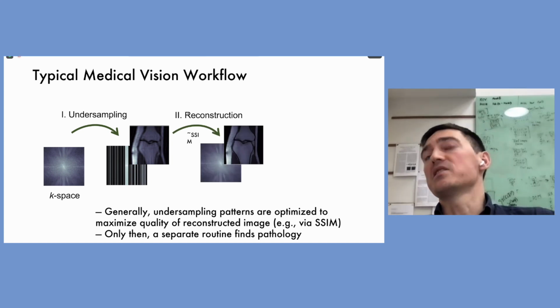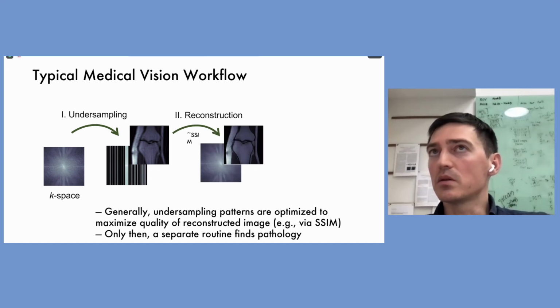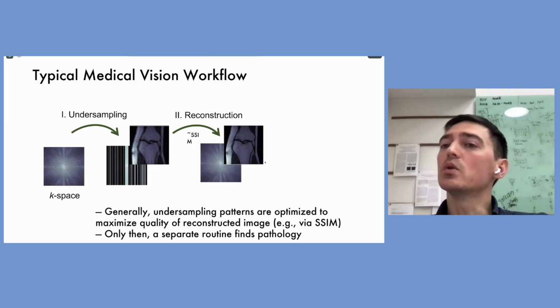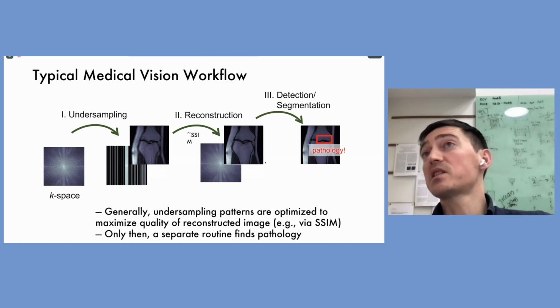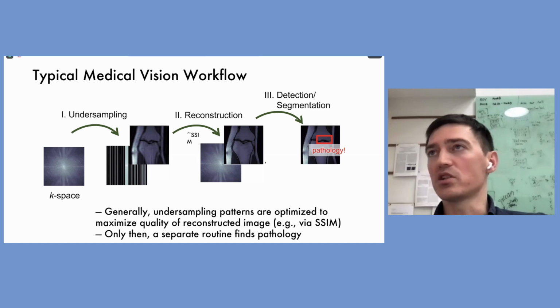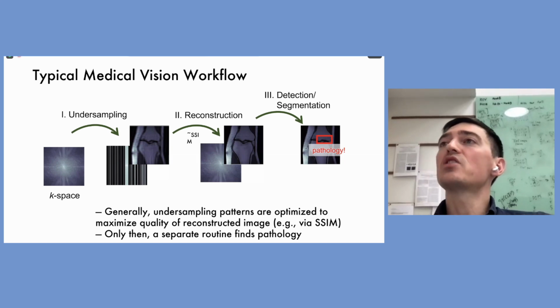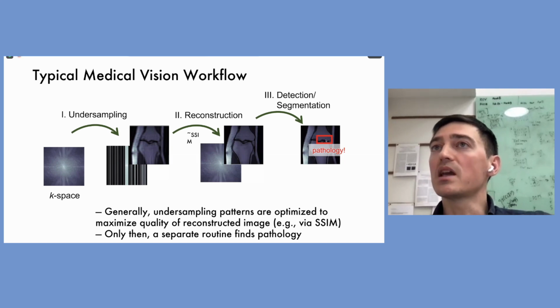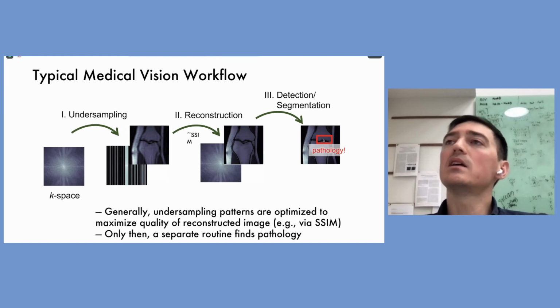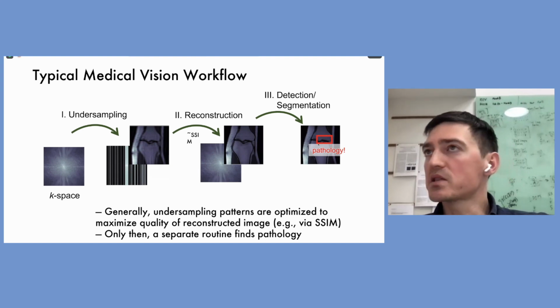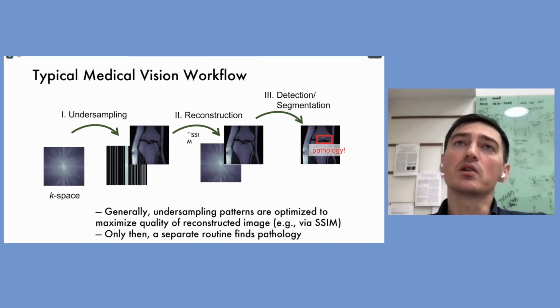Then you do a reconstruction. This is your typical step, where you optimize structural similarity and get a nice quality image space image so that radiologists could use it. And then the next step is you actually do the medical vision task. You essentially localize the pathology. Okay, there is a problem on the knee over here, and this bounding box shows where exactly that occurs.